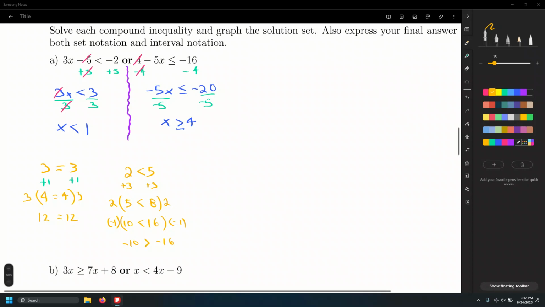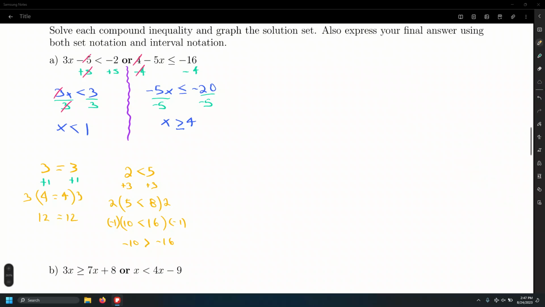Right? So we keep getting a logical sentence, a true statement. So that's the reason behind changing the inequality direction every time we multiply or divide both sides by a negative number, right? Now, how about we repeat the process we did with the previous examples?